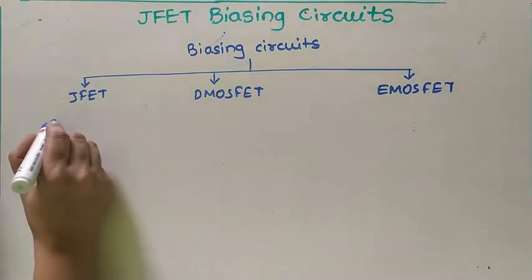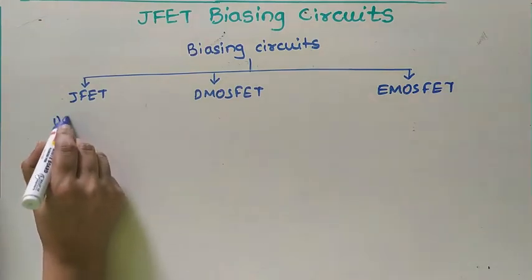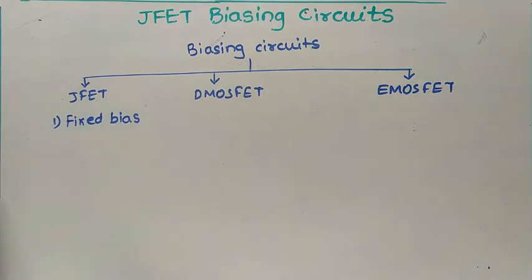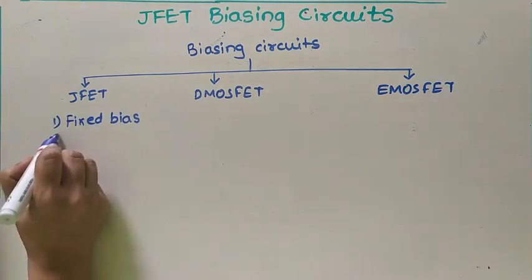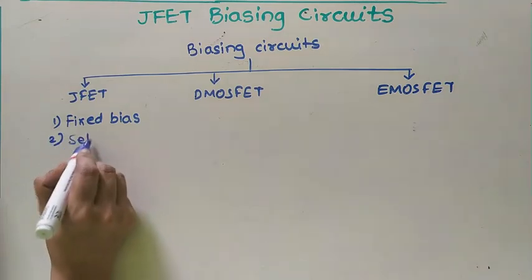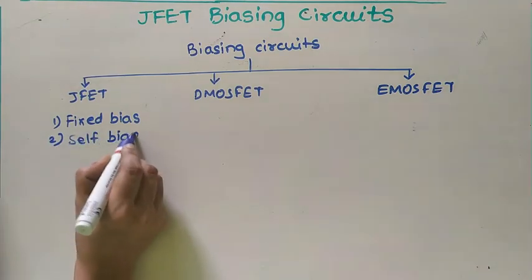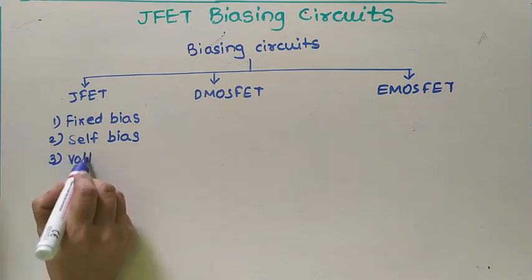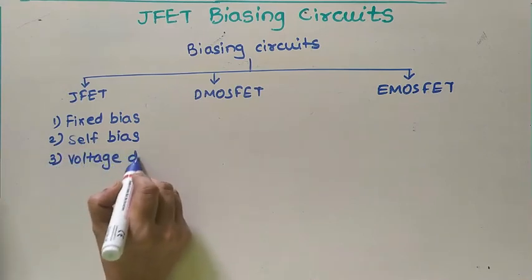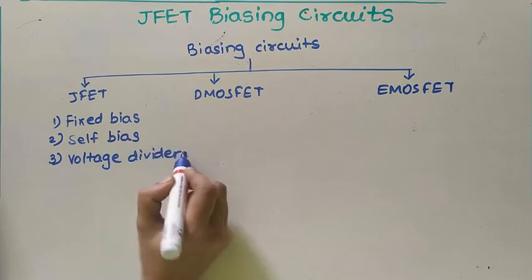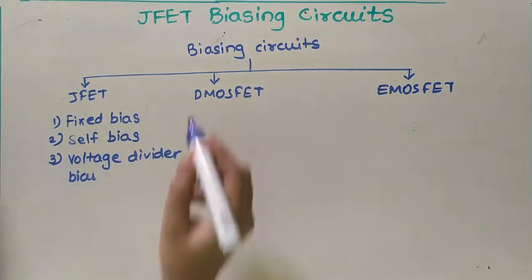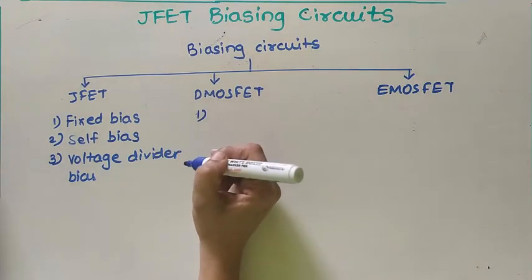Under JFET we have first biasing circuit called as fixed bias circuit. Second circuit is called as self bias circuit. Third circuit is called as voltage divider bias circuit.